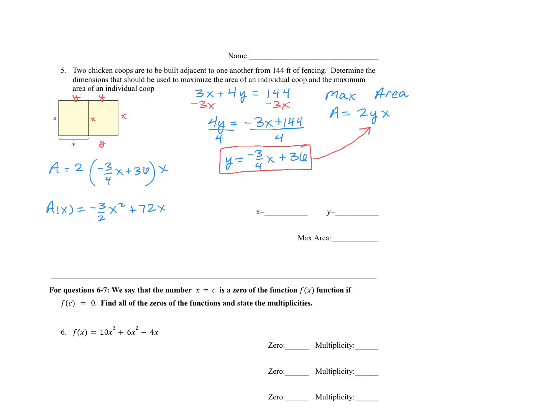And then there's a point where x gets so big and the y gets so small that there's also no area. So there's a place in between where I get the maximum amount. Of course, we know that when you graph A of x, it's a quadratic function. It's opening downwards, so therefore the vertex must be the max. So again, that's our thinking. We know this is a quadratic. We know it's a parabola.